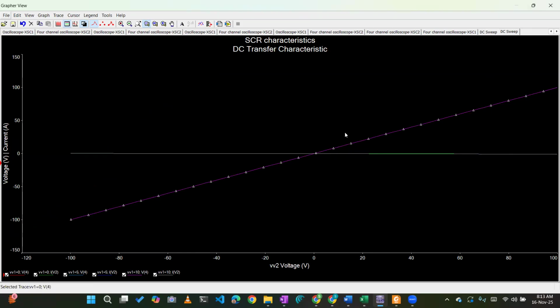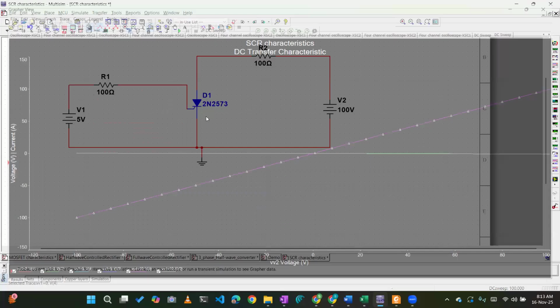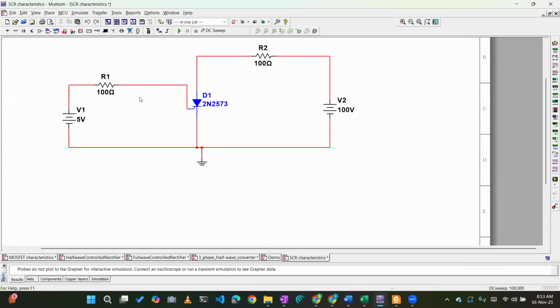For the MOSFET the characteristics are obtained directly. You don't need any Excel sheet part. SCR we needed it because it does not plot in the same sense, because we want to plot at different gate current, and we don't have any DC sweep option in the same manner.